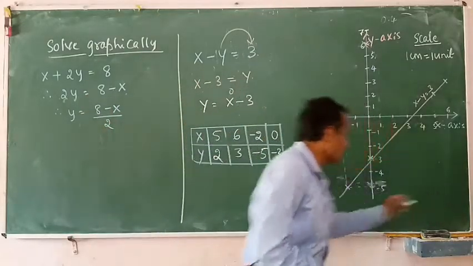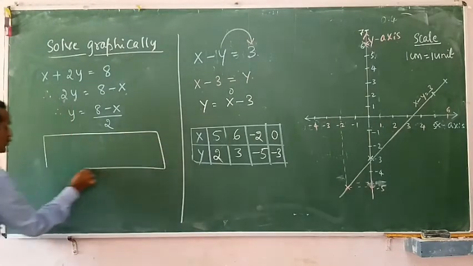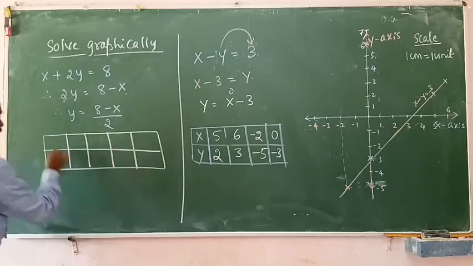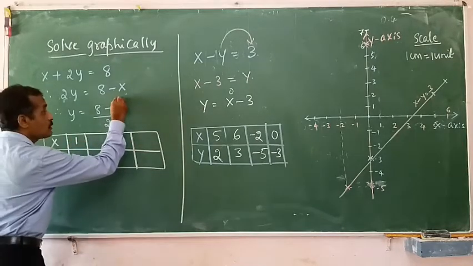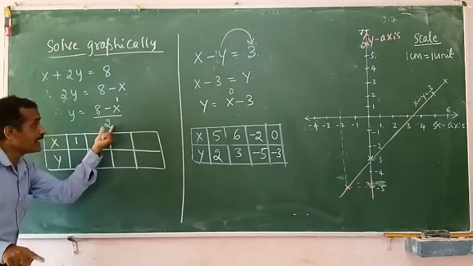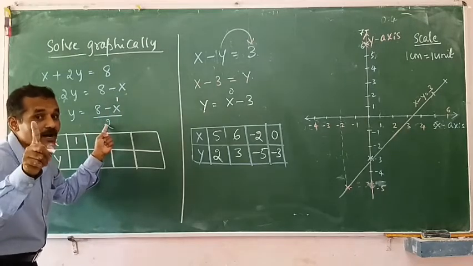Now what I can do? I can go for some values. At least 4 values I will do. Okay, x and y, you put any value. I will put x is equal to 1. So see properly. X is equal to 1. 8 minus 1, 7, but by 2 is there. 7 by 2, answer is 3.5.